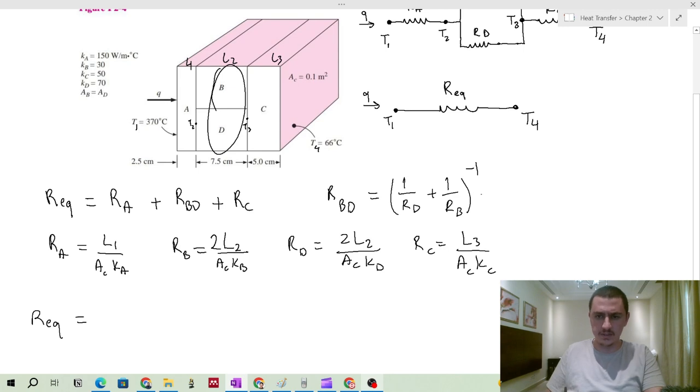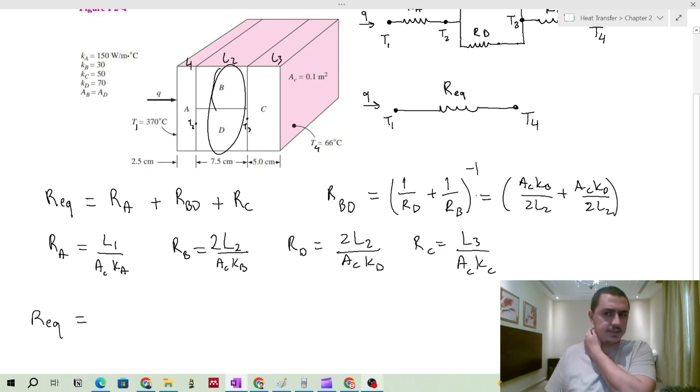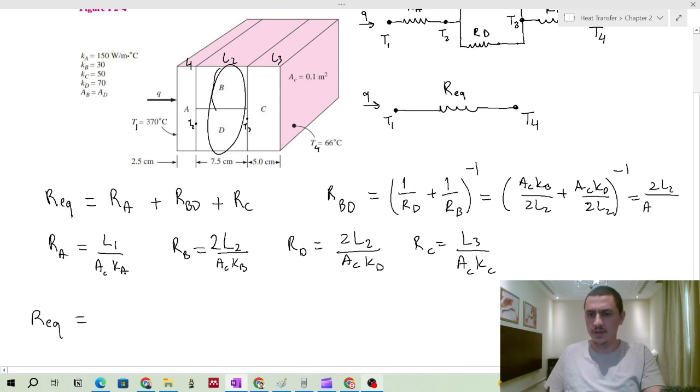Let's find this one. It will be 1 over RD, which is AC KB over 2L2 plus AC KD over 2L2. Then after that you take the power of minus 1, which will be 2L2 over AC times (KB plus KD). So it will be like this.